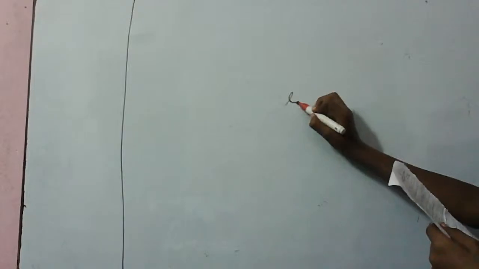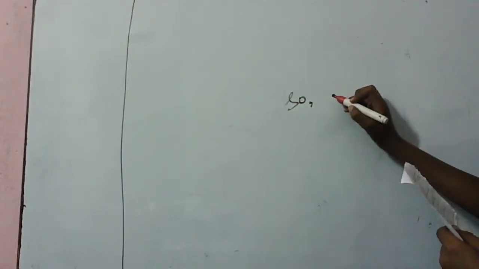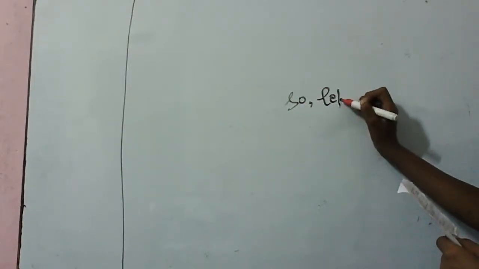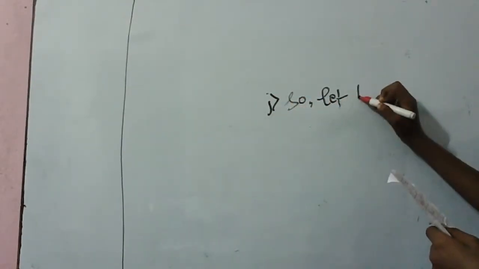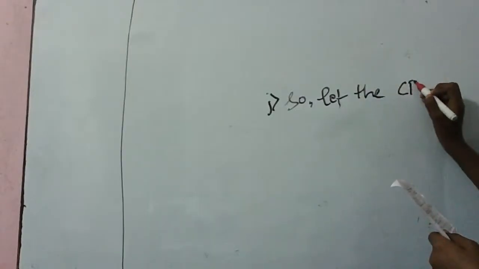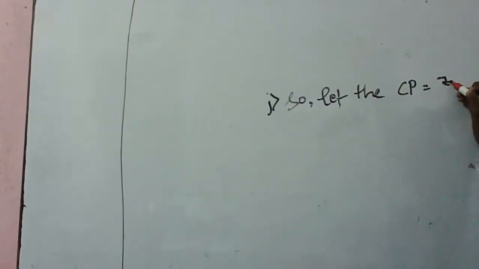Now J question. If the selling price of an article is twice the cost price, the profit percentage is? So let the CP equal rupees 100.